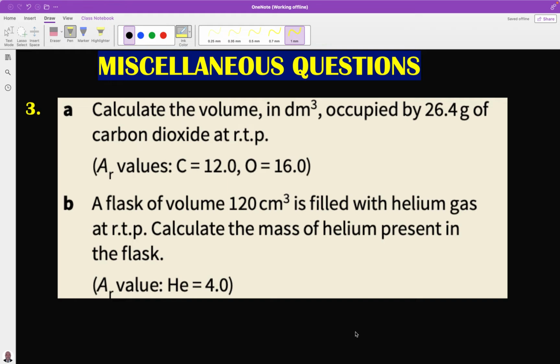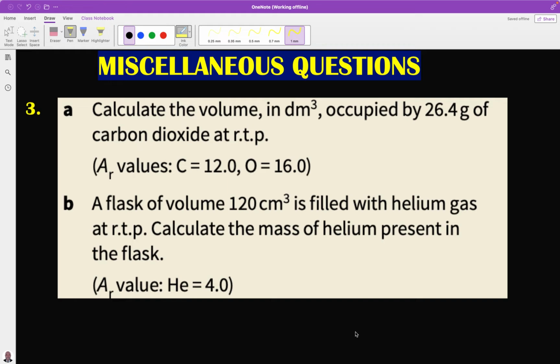We are now going to be dealing with the molar gas volume. When you hear in an examination question a gas occupying a particular volume at room temperature and pressure, we are talking of molar gas volume.